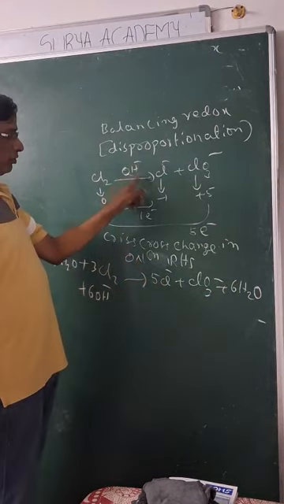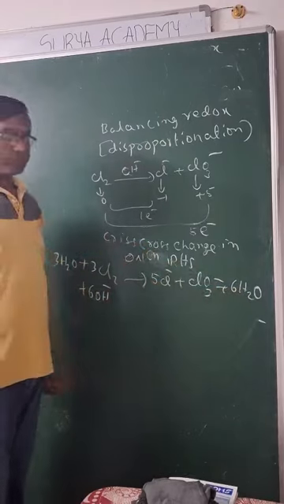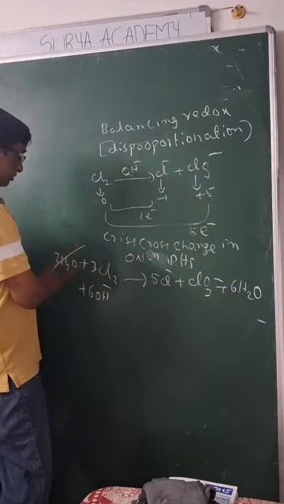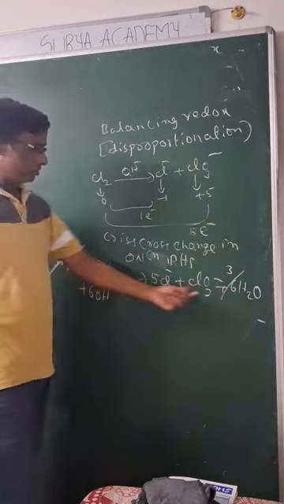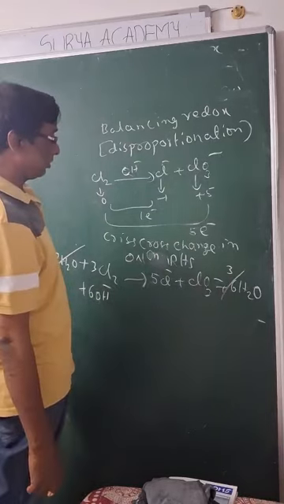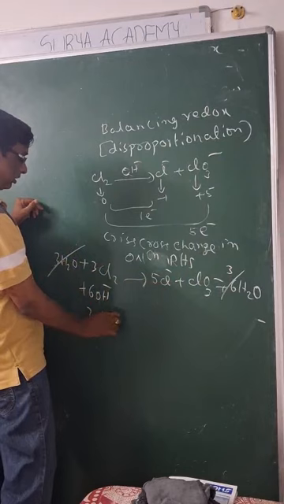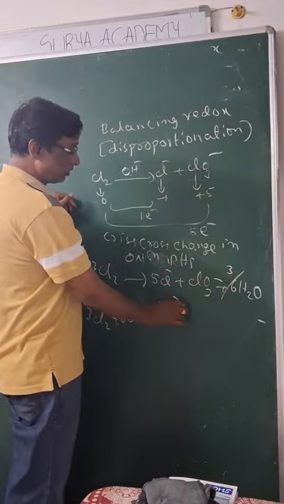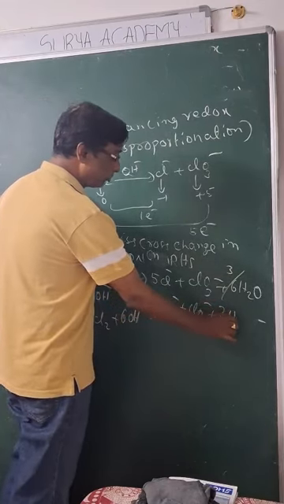In basic medium, to balance hydrogens, add water on the deficient side and OH minus on the opposite side. 3x here, 6x here, you can cancel. You will get 3H2O. So the final answer is 3Cl2 plus 6OH minus gives 5Cl minus plus ClO3 minus plus 3H2O.